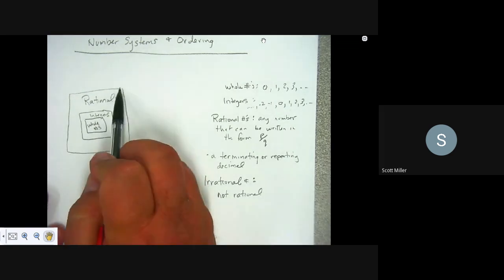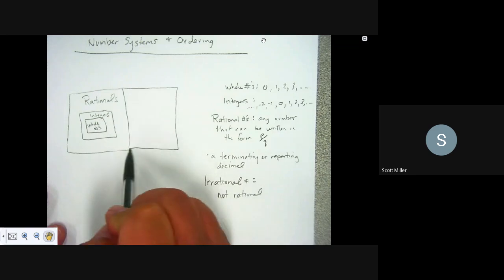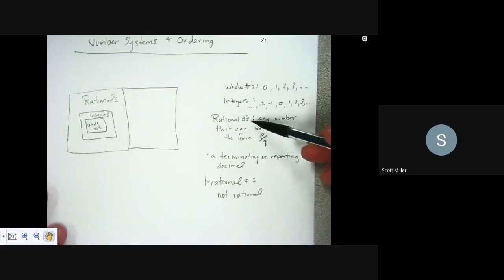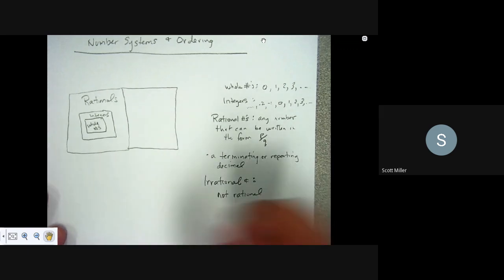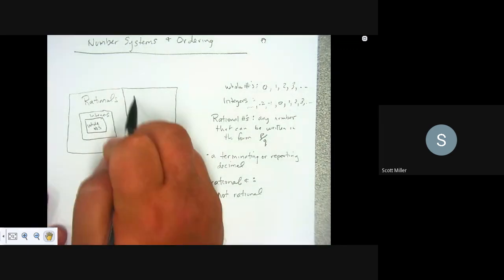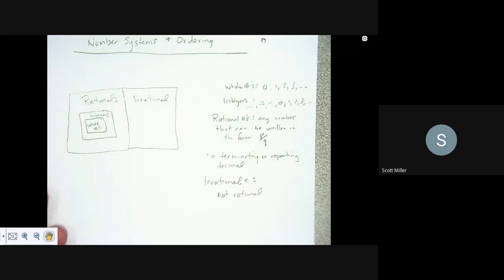And the irrational numbers, there is no overlap. You can't be rational and irrational at the same time. So they are separate groups. There is no overlap whatsoever at any time. So irrational numbers are next to rational numbers.